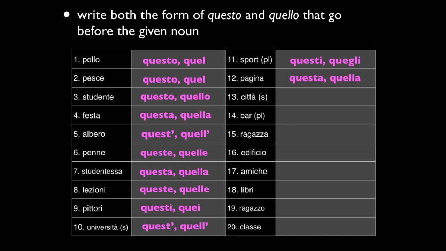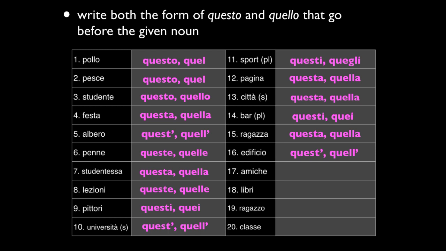Pagina, this page, questa pagina and quella pagina. Città, another invariable noun, but I've indicated it's singular, so this, questa città, this city, and quella città. Bar, this is the plural form I've indicated, questi bar and quei bar. Ragazza is questa ragazza, quella ragazza. This and that girl.